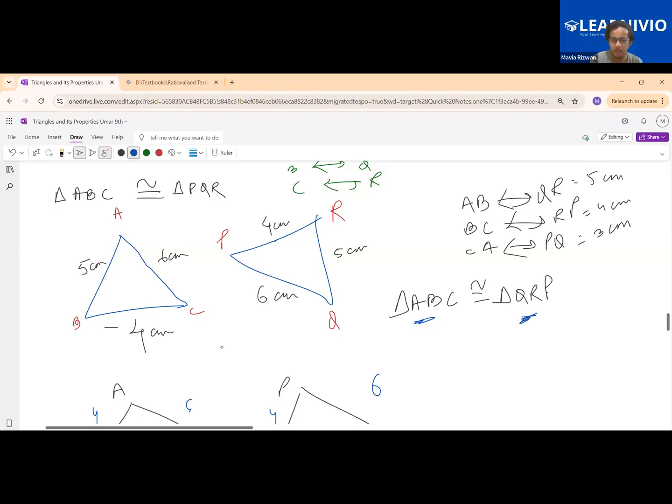Yes, sir. BC is equal to RP, and they are next to each other also. And lastly, AC is equal to QP as 6 centimeters. Got it, Umar? Yes, sir.